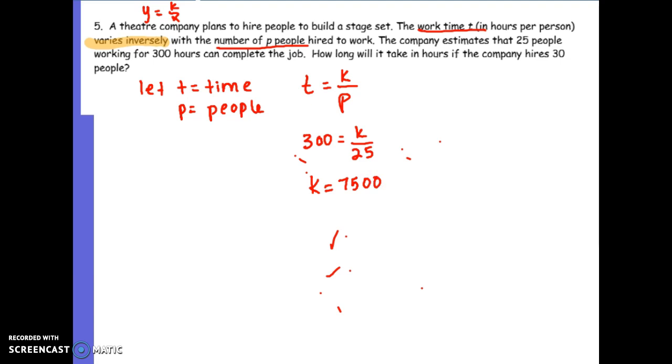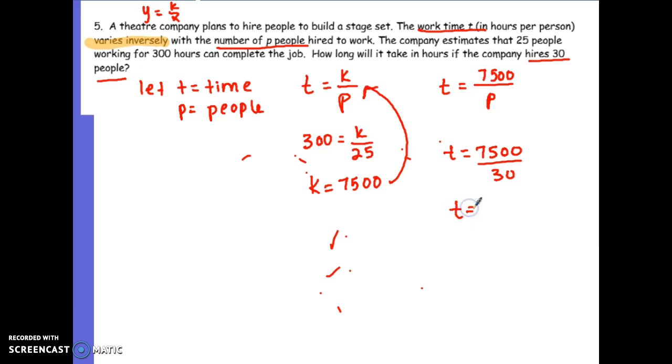We plug it back into our equation: time is equal to 7,500 divided by the number of people. How long will it take if the company hires 30 people? We let P be 30, and time is equal to 7,500 divided by 30, which is 250 hours. Okay, thanks guys.